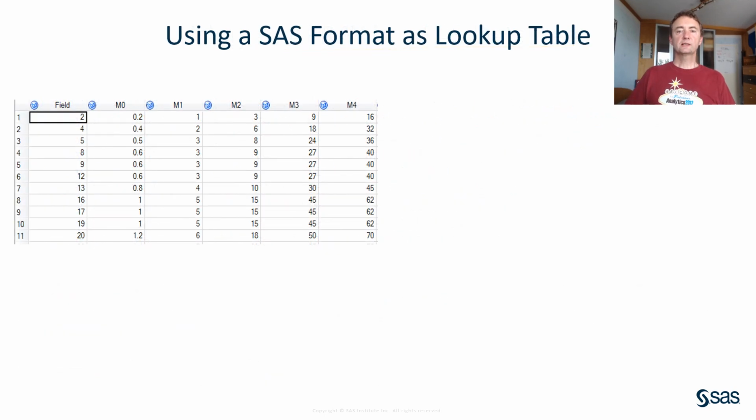I also used a SAS format as a lookup table. For example, for all the fields, you have the numbers. What do you have to pay if you purchase the field? What do the other players have to pay you if you own it?